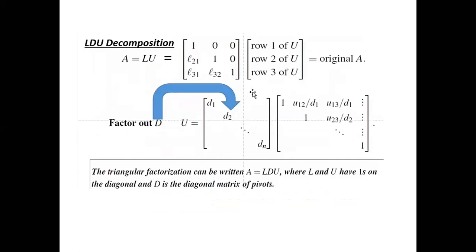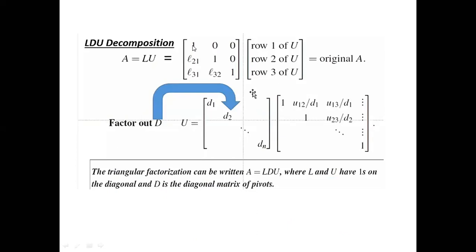So this is a slide which will be very useful for us. Any matrix A, you can decompose as L into U. The first step will be to decompose it into L and U. L will be a lower triangular matrix.